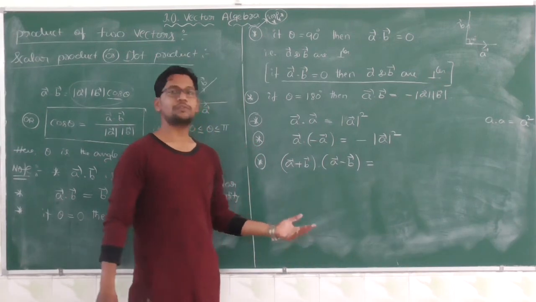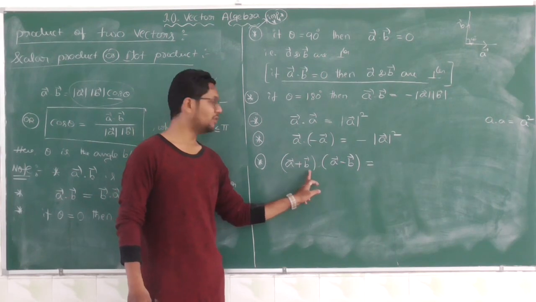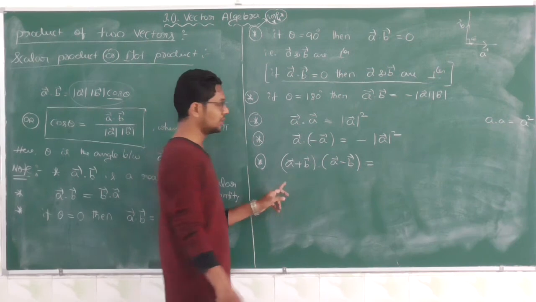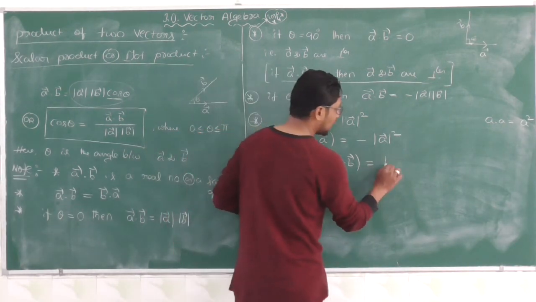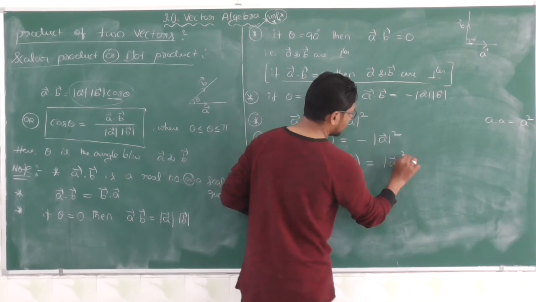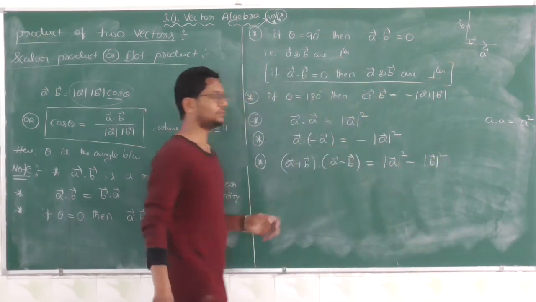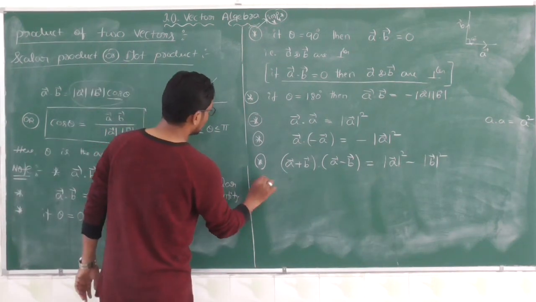If we come to vectors, it is not A square minus B square, it is magnitude of A square minus magnitude of B square. Like this, we will write in vectors.